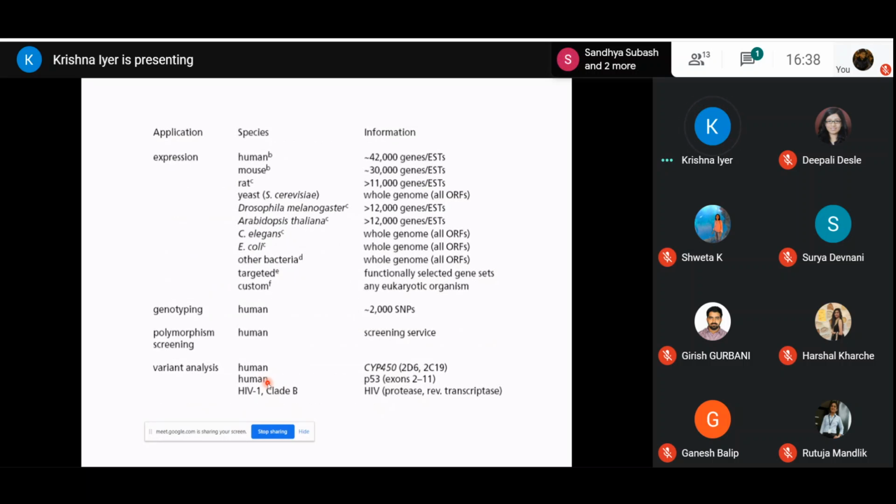Now, here is some more. All of these are targets to put on the gene chip. At one point, they are thinking that you could also have a chip with, in a sense, the DNA of all the pathogens.